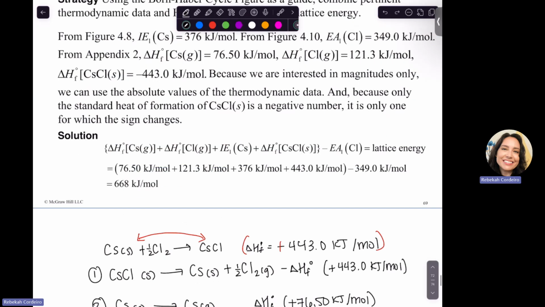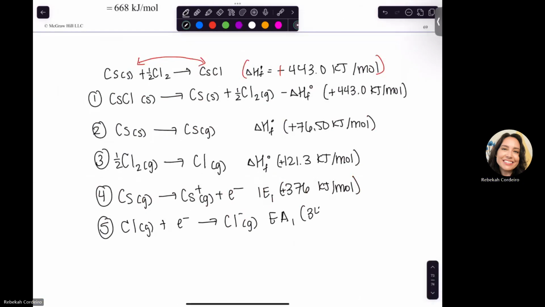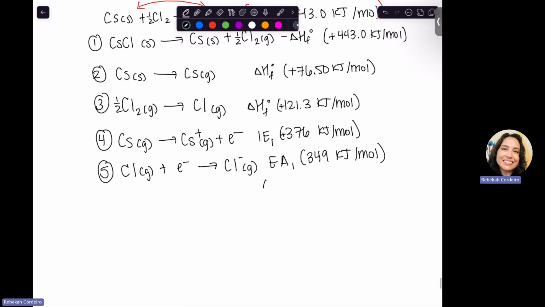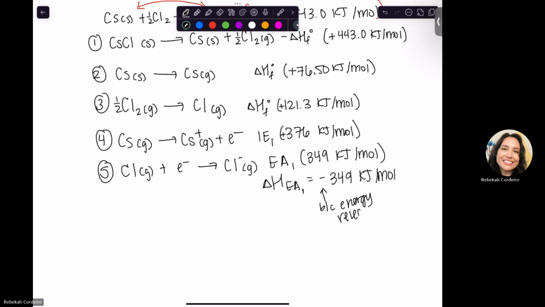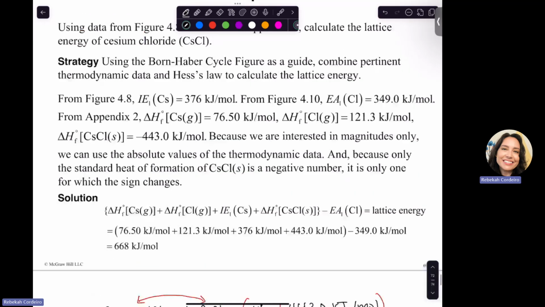So electron affinity technically is a positive value because it can't be negative energy, but my delta H for the electron affinity is negative because it's energy that's released when we gain an electron for some elements like chlorine.